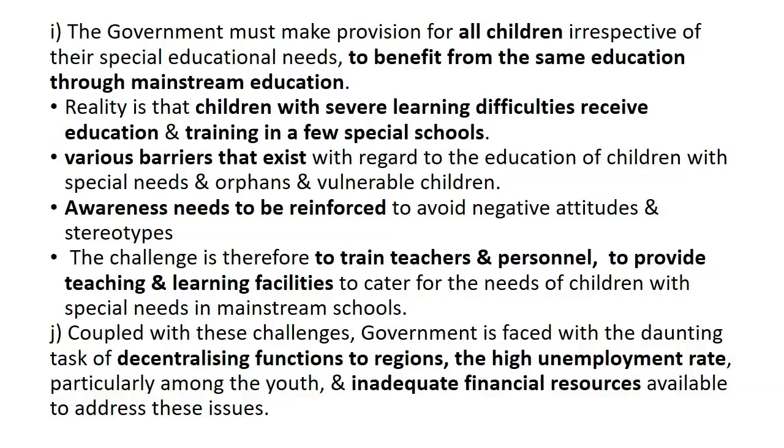We come to another aspect, and that is that the government must make provision for all children, irrespective of their special educational needs, to benefit from the same education through mainstream education. But the thing is, these children with severe learning difficulties receive very little training because we don't have enough of these special schools. And in addition to that, there's a lot of barriers with regard to education of children with special needs, orphans and vulnerable children.